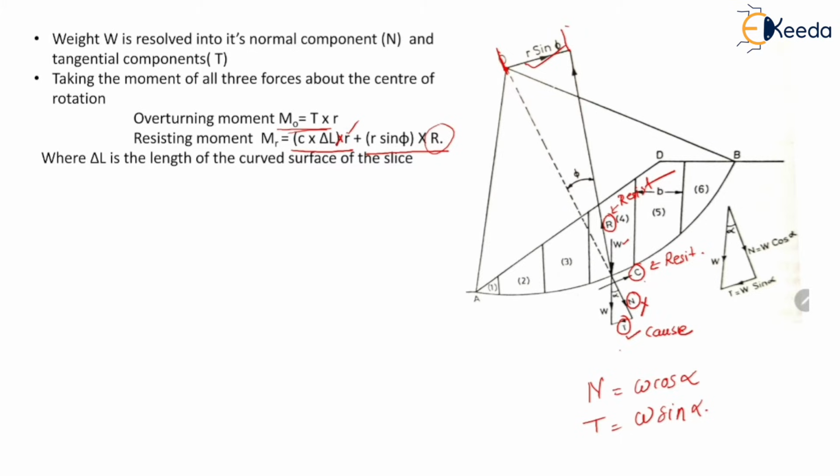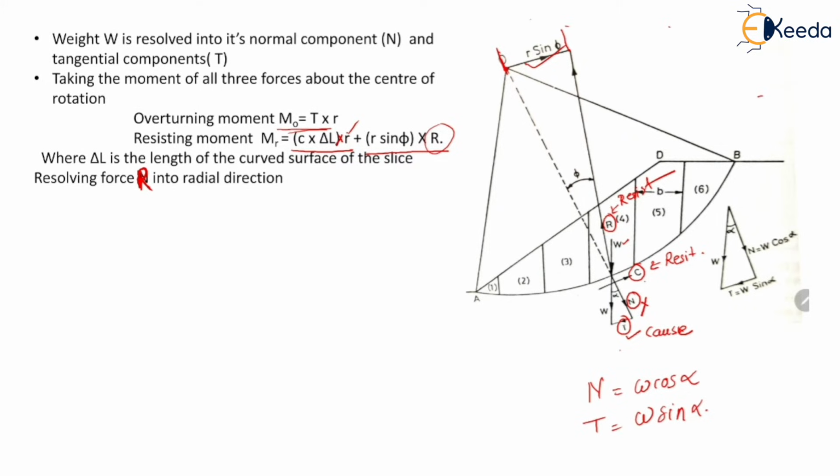So the total resisting moment will be Mr equal to C into delta L into R plus R sin phi into R.